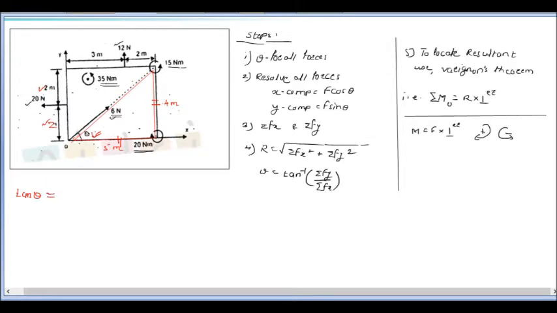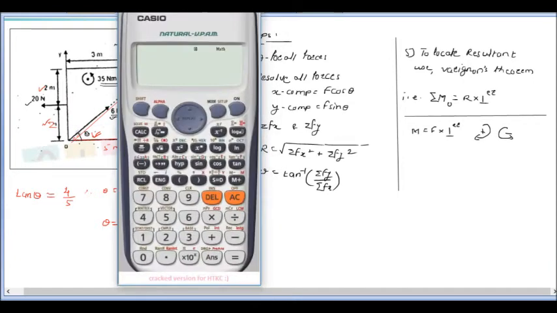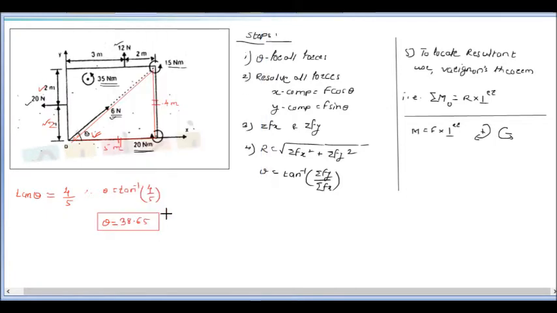Opposite is 4 divided by 5, so theta is equal to tan inverse of 4 upon 5, which is 38.65 degrees. This is the inclination.